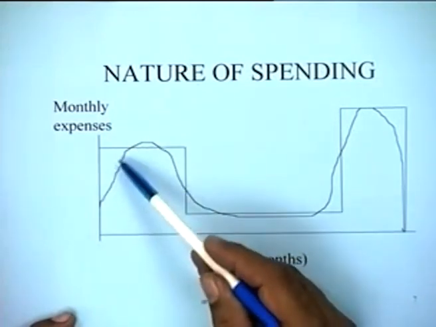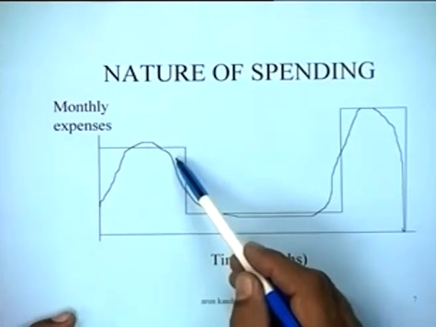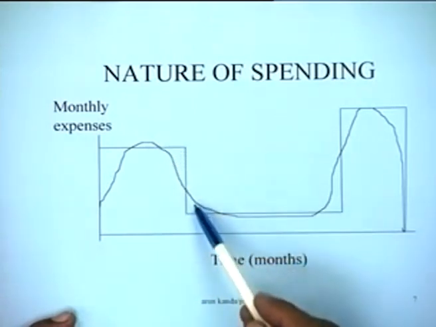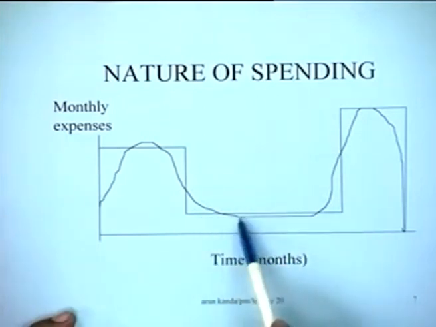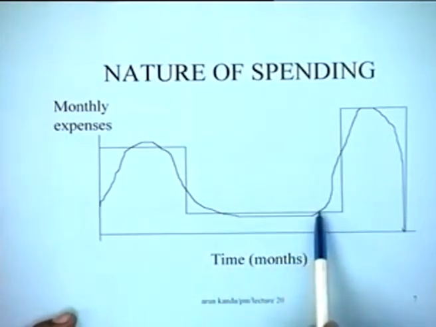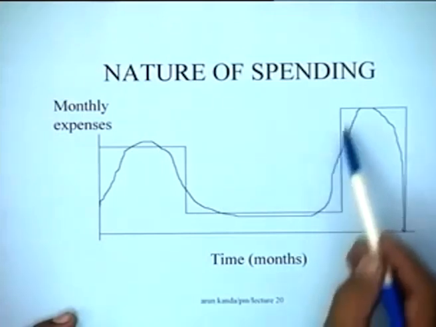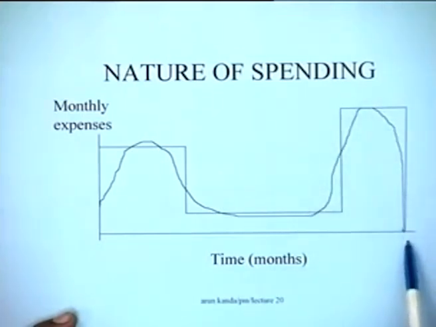So your expenditure will be pretty high in the beginning. Once you have given him all the stuff, the pattern of expenditure will come down, and typically it will be at a low level as the activity proceeds. Towards the end, when the activity is over, you have to make payments to the labor and everything else. So there is again a peak towards the end, typically.